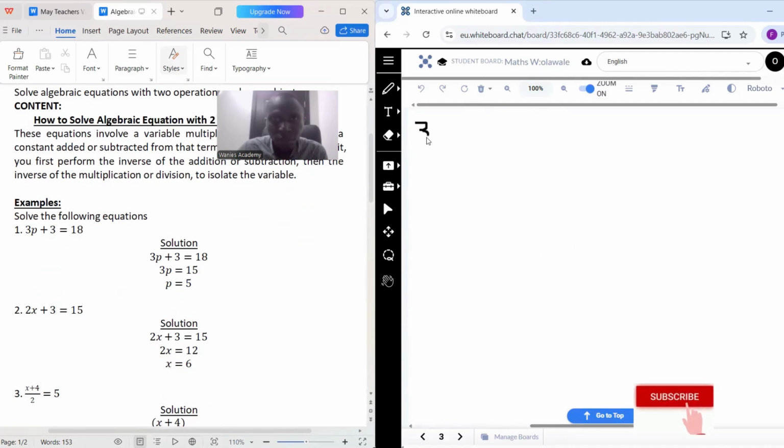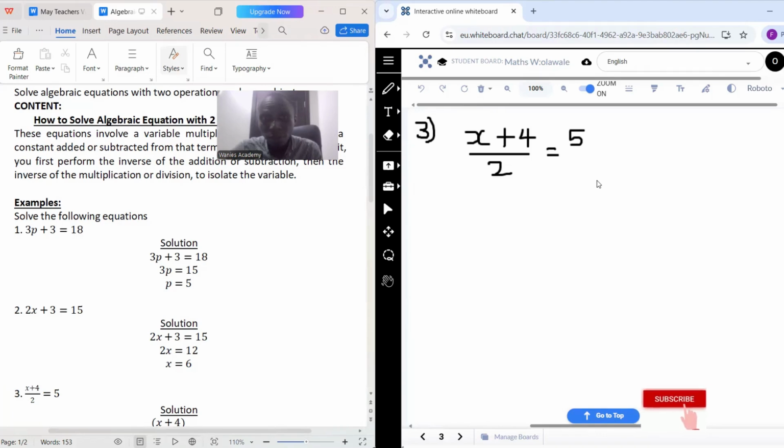Question 3. Here we have (x + 4) over 2 equals 5. The first thing I want to do here is first of all to clear off the fraction. So we have to multiply both sides of the equation by 2. With that, it will cancel off the fraction that we have there on the left hand side of the equation.